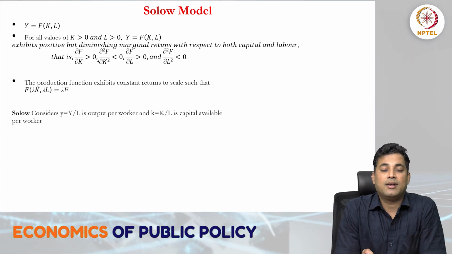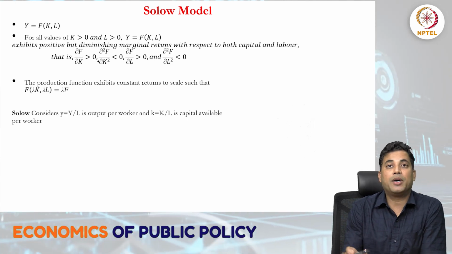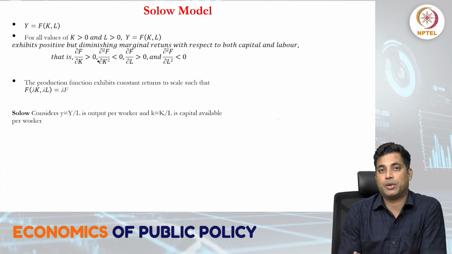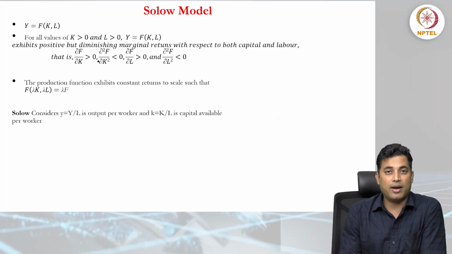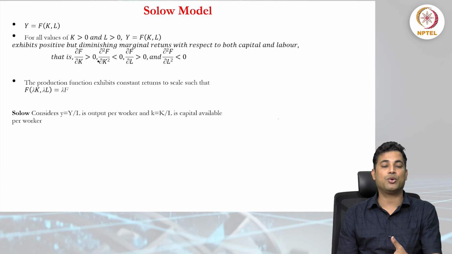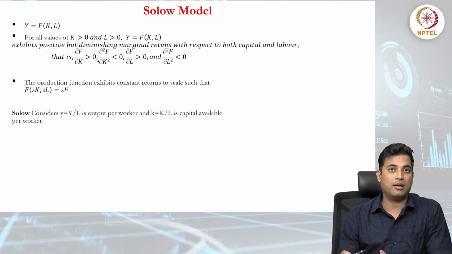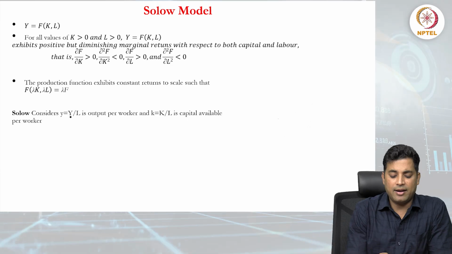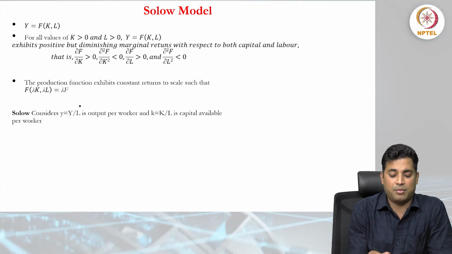Solow considers effectiveness, like output per worker and also capital per worker, small y and small k. Small y is basically total output upon total labor force, and one can consider it as the average productivity of labor.